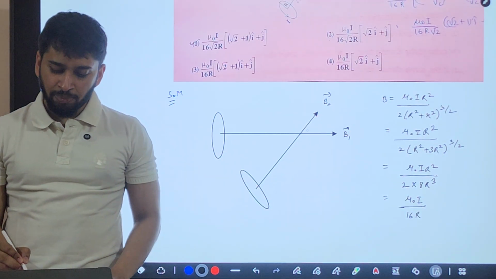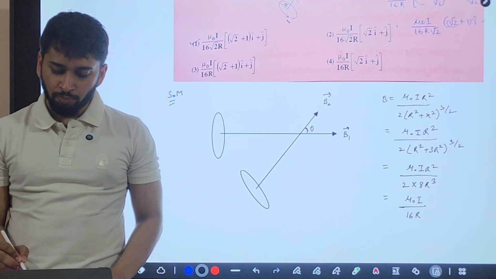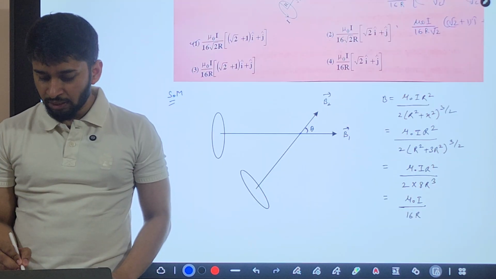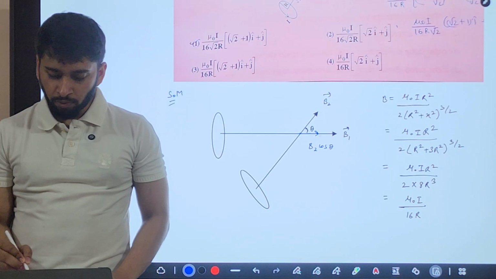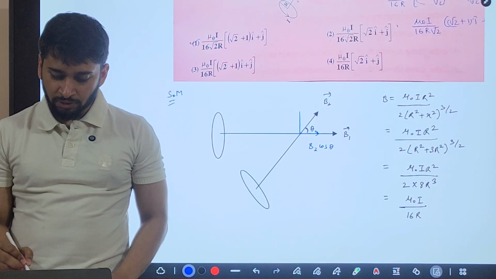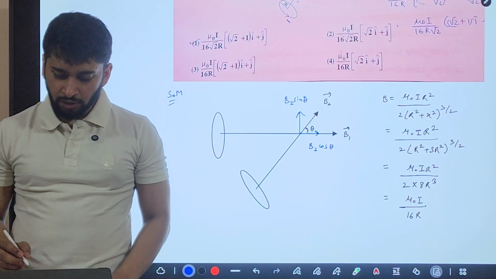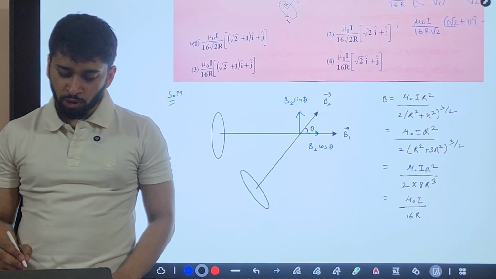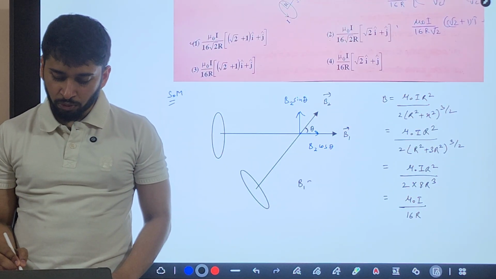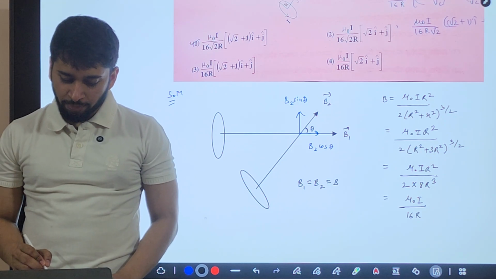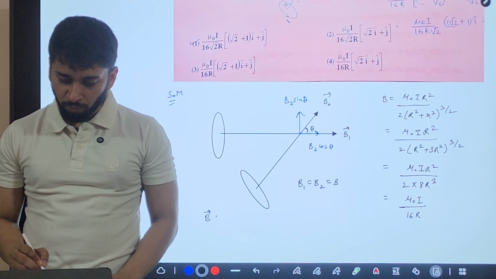Now you can see that if I resolve into components, so B2 we can take two components. One will be along x-axis, B2 cos theta. One will be perpendicular to it, which is B2 sin theta. So B1, B2 both will be equal in terms of the magnitude, and that will be equal to B. So if I write the net magnetic field in vector form, what we will get?